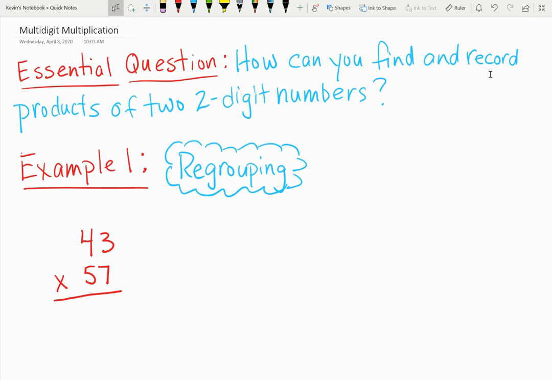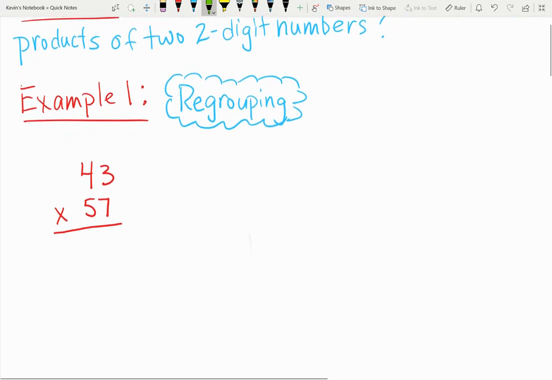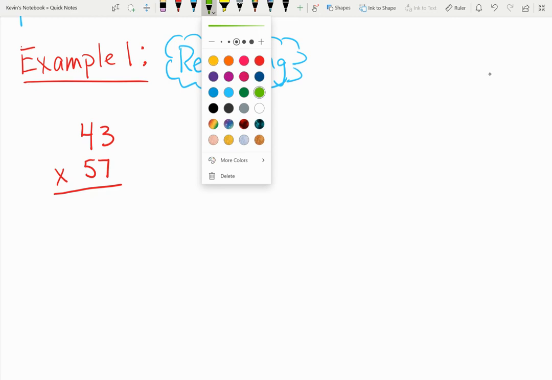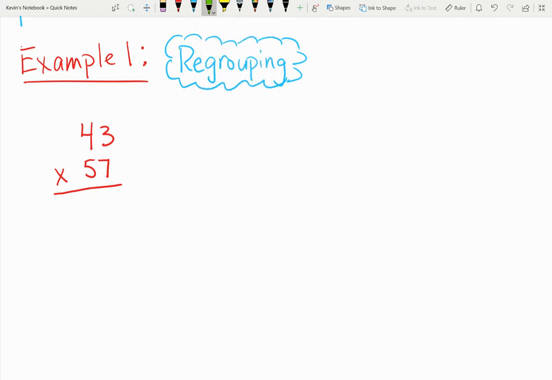So our essential question for today: how can you find and record products of 2-digit numbers? We're going to look at example 1 first, and we're going to use specifically the regrouping method. Before we get started, I do want to show you a review of some vocabulary.